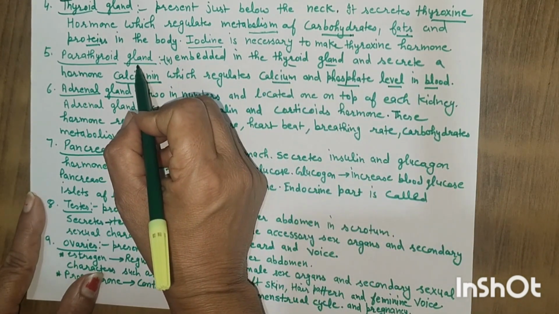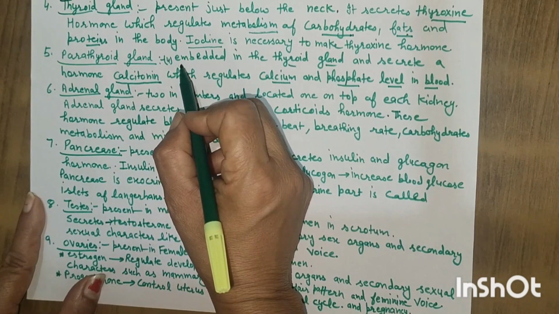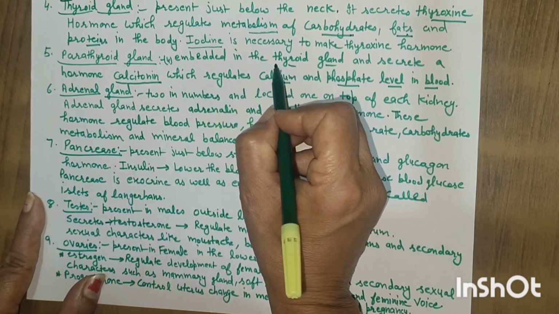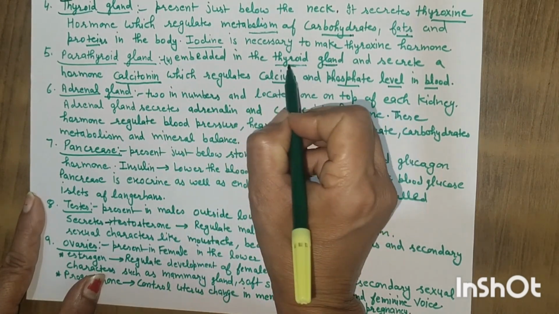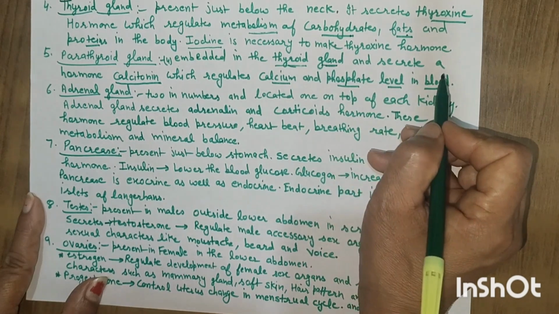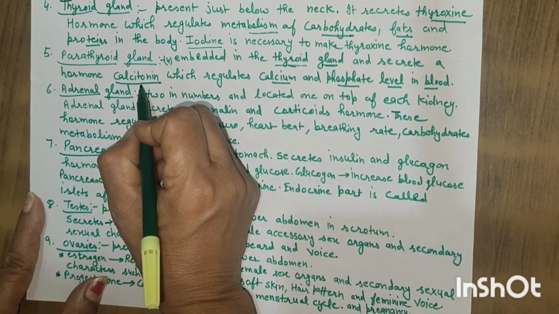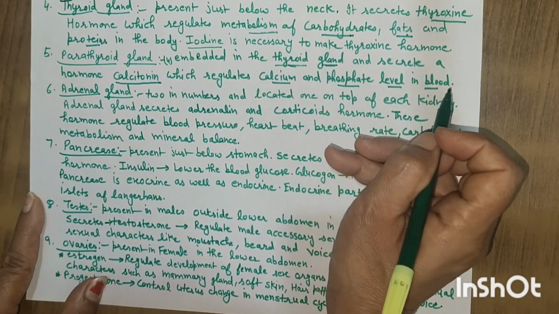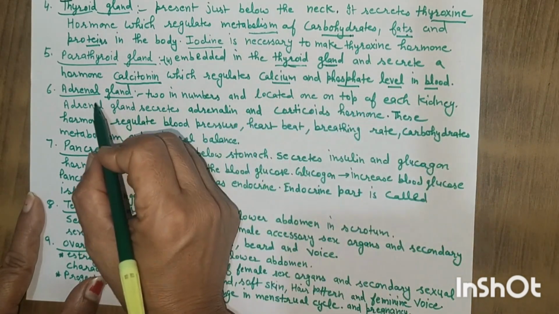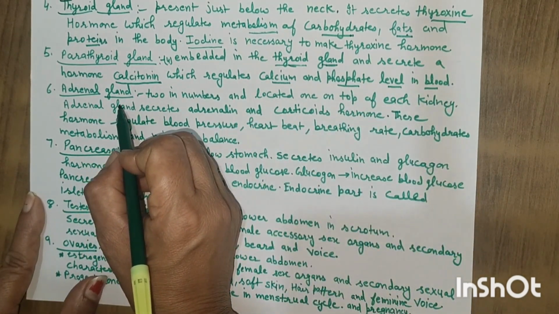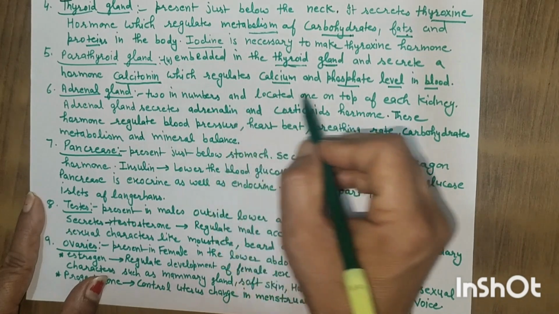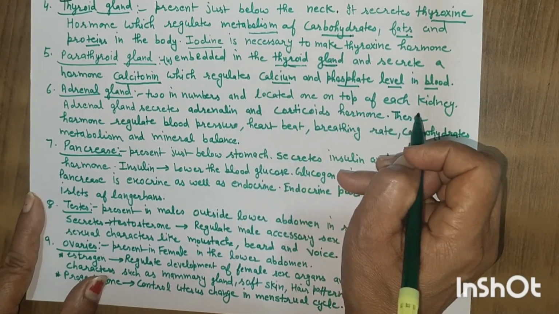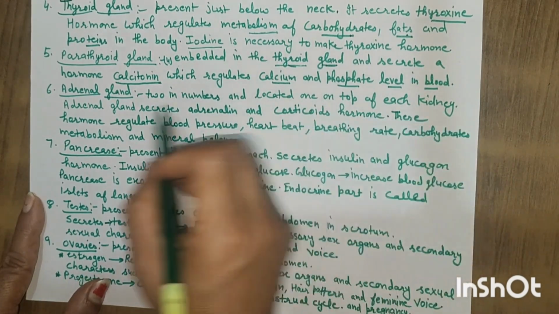Parathyroid glands are 4 in number and embedded in the thyroid gland. They are present inside the thyroid gland and secrete a hormone which regulates calcium and phosphate level in the blood. Next is the adrenal gland. These are 2 in number and located one on top of each kidney.